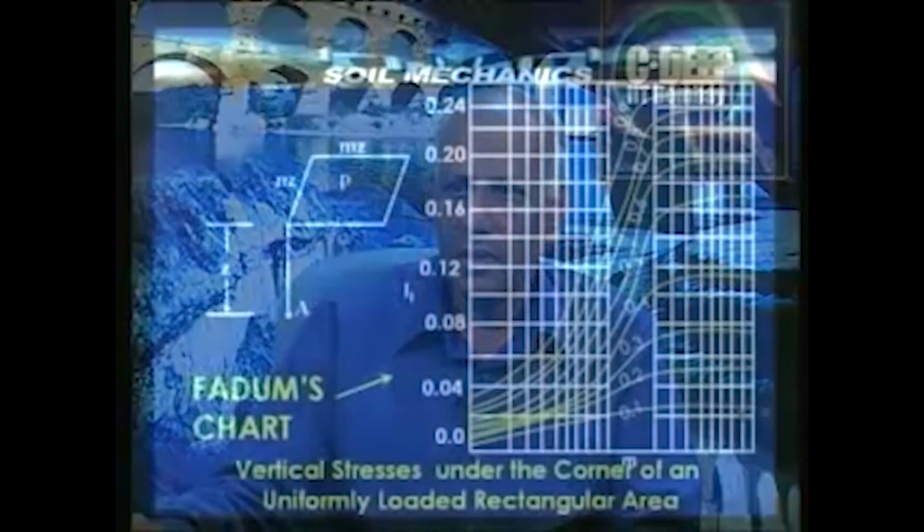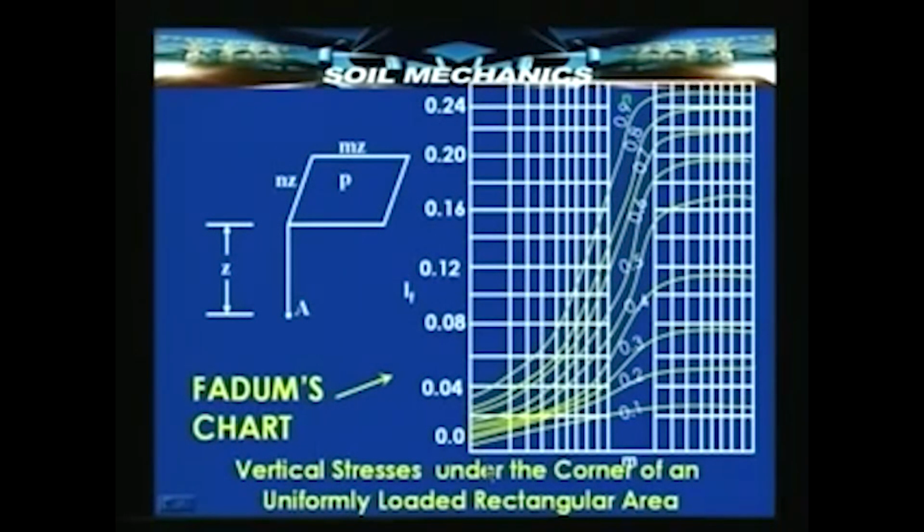See here, this is the chart known as Fadum's chart, which gives the influence coefficients for a rectangular area of non-dimensional values nz, mz at a point A at a depth z. Now, this requires that we should pay attention to the point that the desired point at which we want the stress is directly below one of the corners.